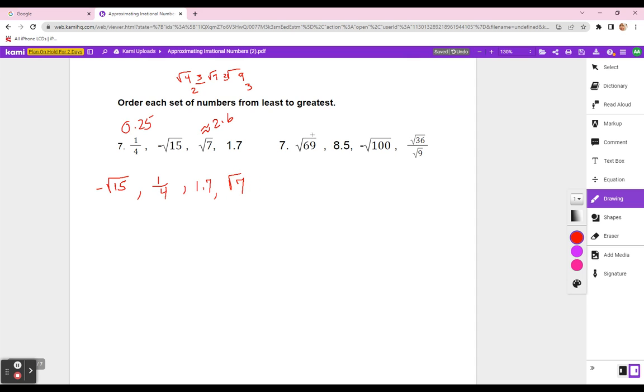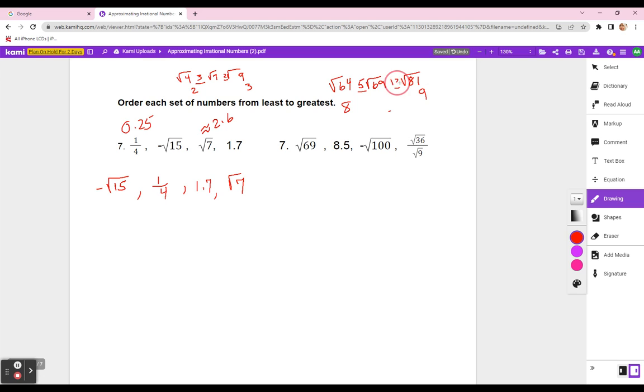Okay, so this is a little bit more than 8. Square root of 69 is between 64 and 81. This is 8, and this is 9. It is 5 units away from here. And it is farther from here.